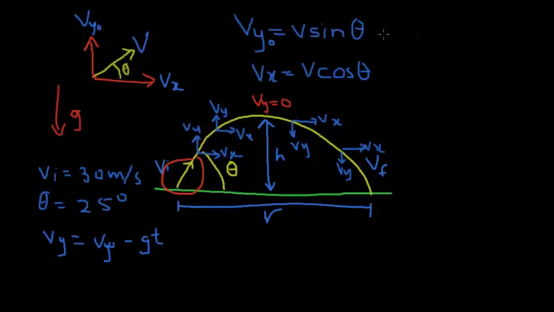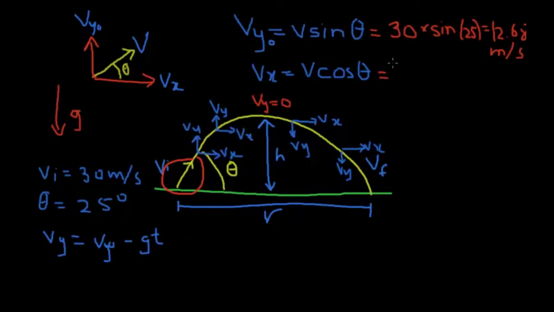Okay, let's start subbing some of these numbers in. So the initial velocity is 30 times the sine theta. Theta is 25, and we'll end up with 12.68 meters per second for that.